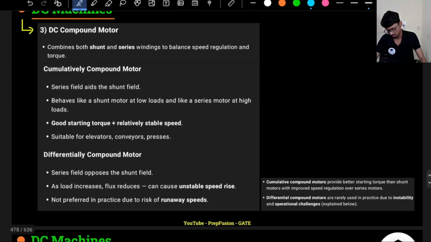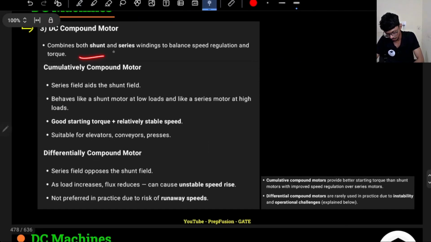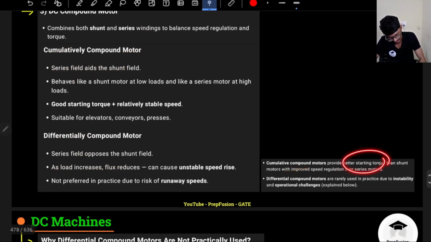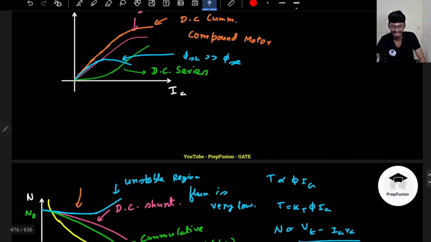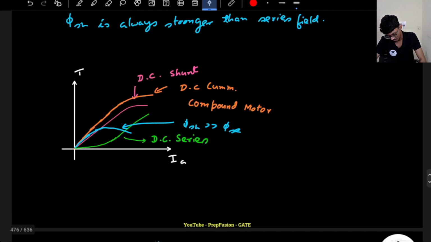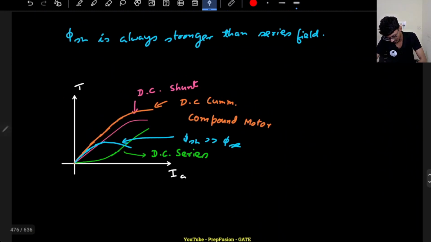Okay, so a compound motor combines both shunt and series winding. Cumulatively compound: the series field aids the shunt. Differentially: the series will oppose the shunt. Cumulative compound provides better starting torque than shunt motors. Why? Because both the series and the shunt field are aiding each other, right? If you see here, the cumulative compound will provide a much better initial torque.